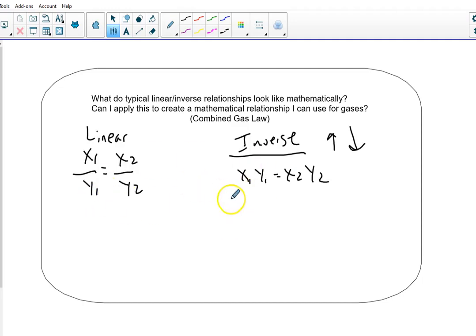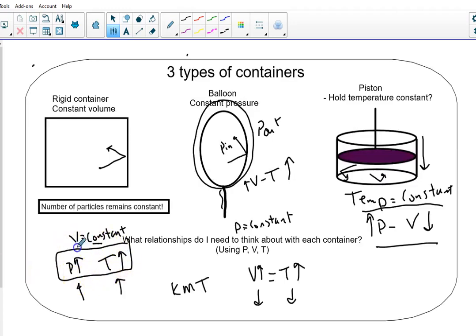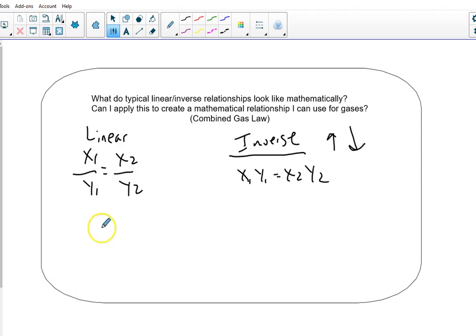Now let's combine these two into what we have on this slide. So these two are considered linear. Okay, linear and linear. That means I would have pressure, P1 over T1 equals P2 over T2.